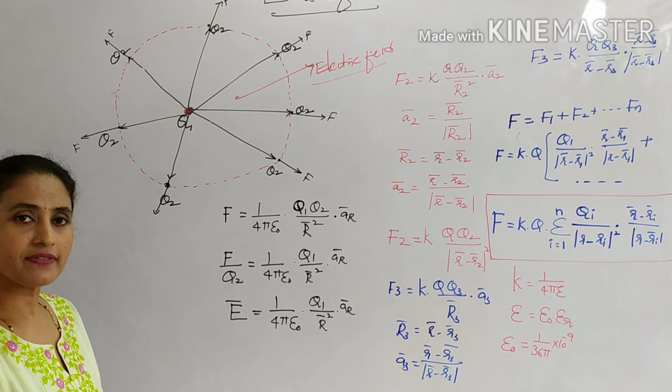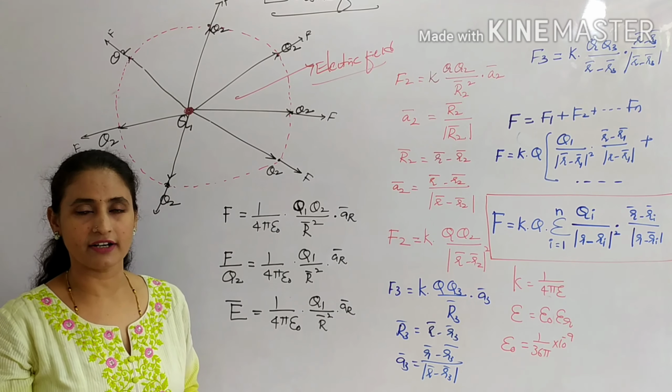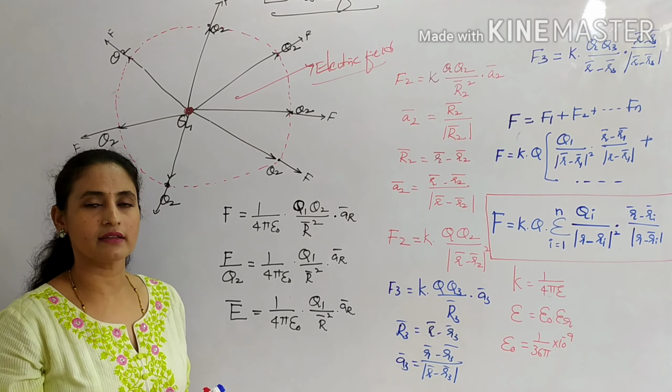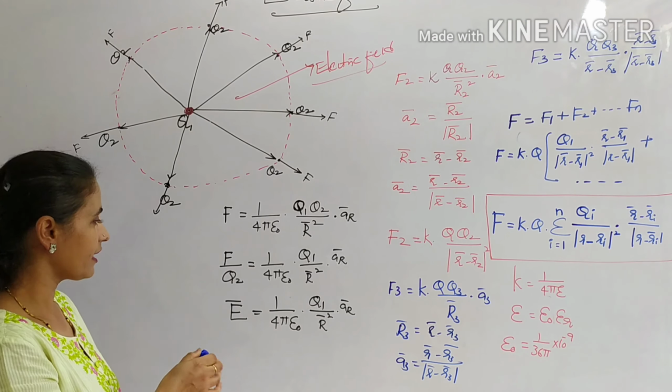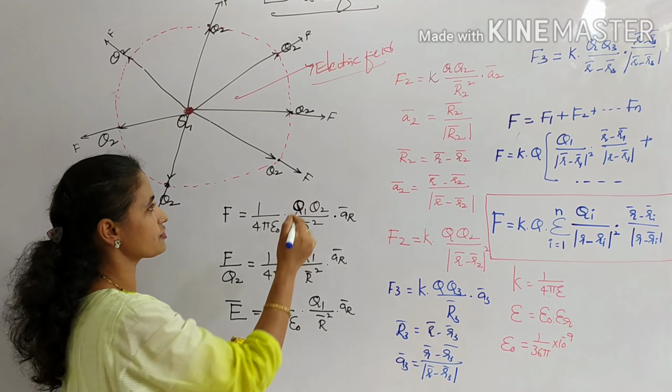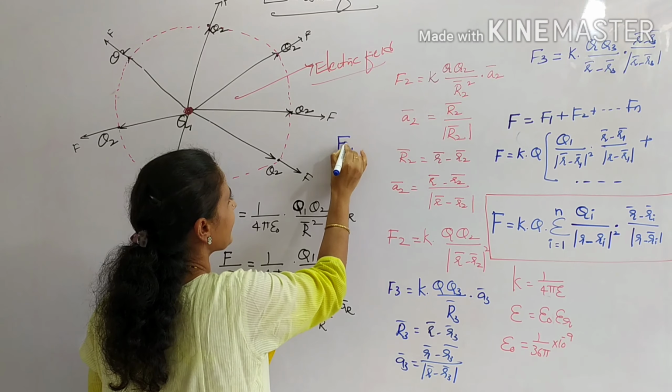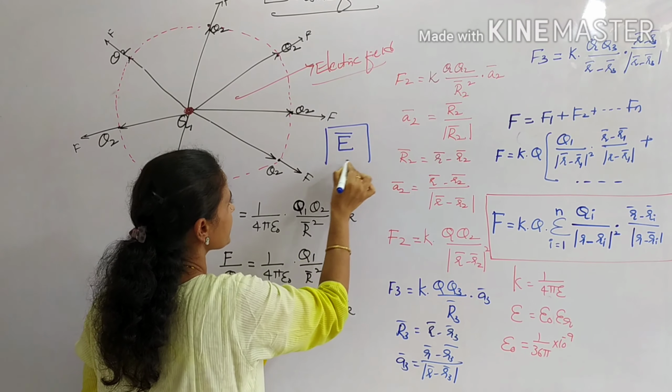In the course of electromagnetics, you are going to see different terminologies, abbreviations and notations. The first term we have introduced till now is E bar.